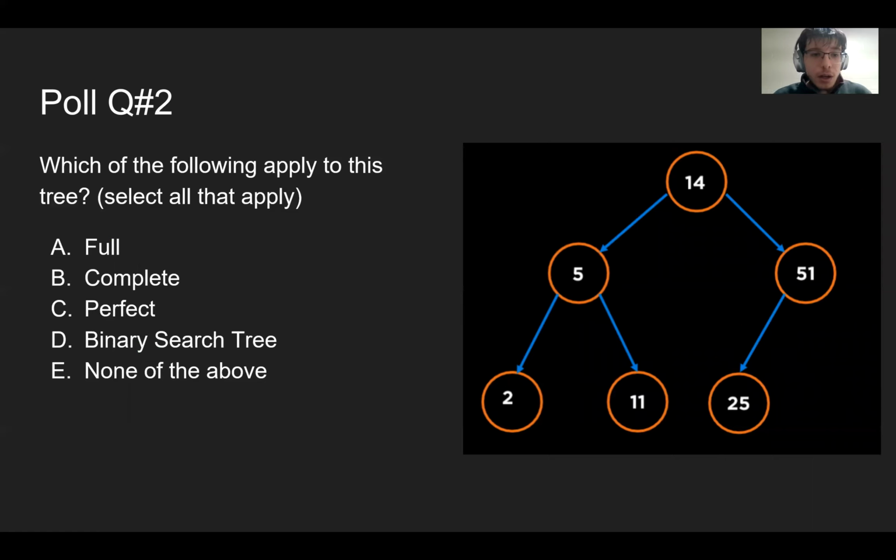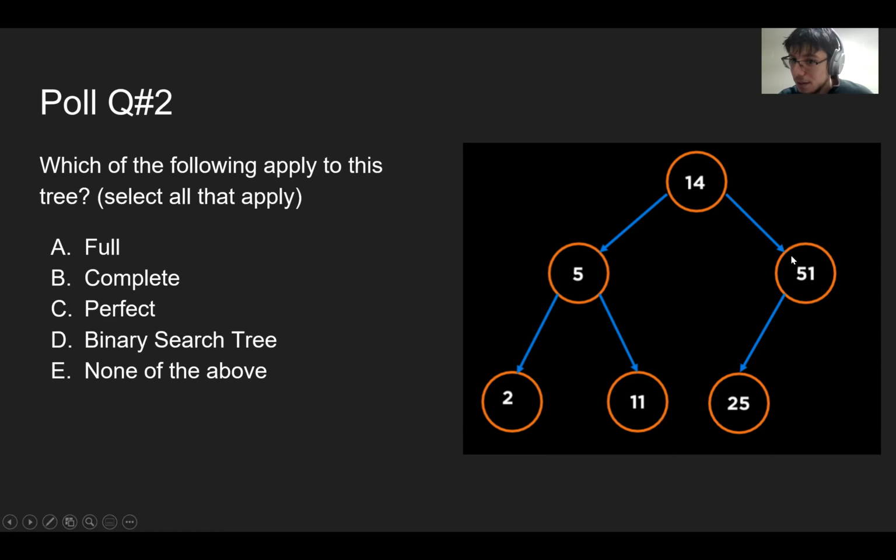Okay, so is this one complete, full, perfect, binary search tree? Let's see. First thing, is it full? You can pause if you want to. Does everything have 0 or 2 children? No, this one only has 1 child, so it's not full.